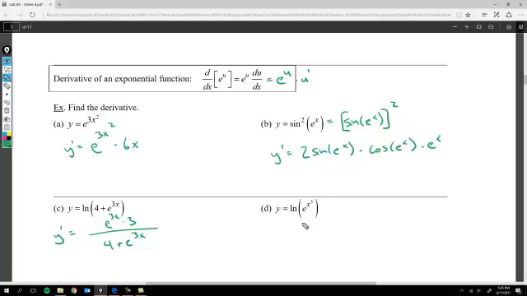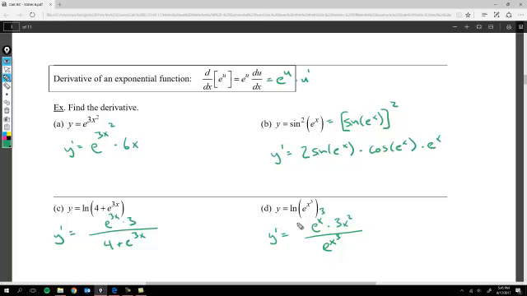Now here is something that looks a little more complicated, but it's really not. So y prime is equal to, remember, we do our division, so I just rewrite what's on the bottom. The derivative of natural log: we rewrite the bottom, and then I take the derivative of the inside on top. The derivative of e to the x cubed is e to the x cubed times, now I look at the exponent, the derivative of x cubed, which is 3x squared.